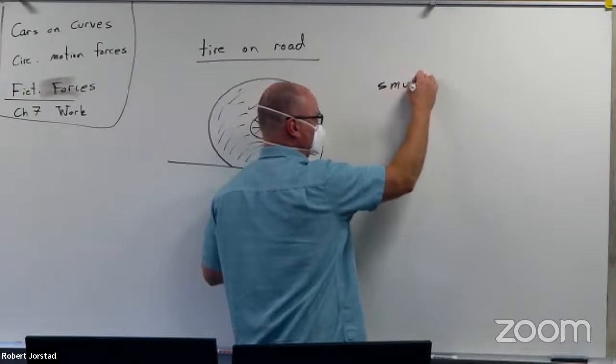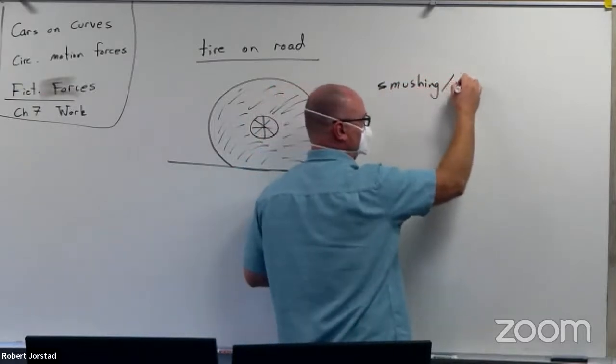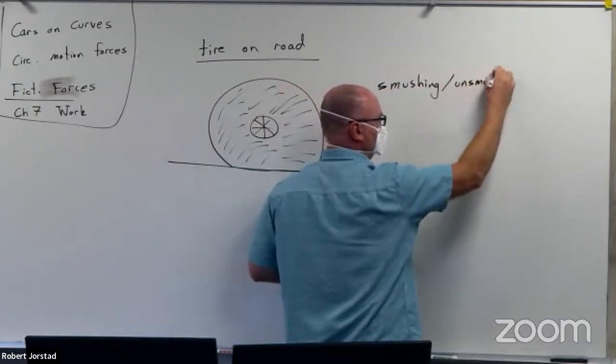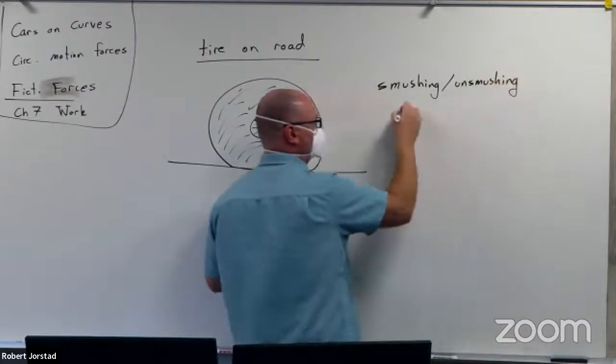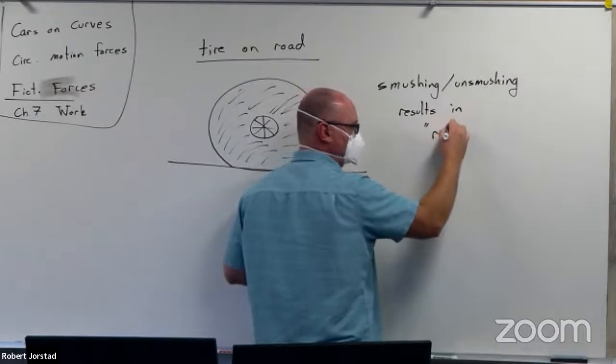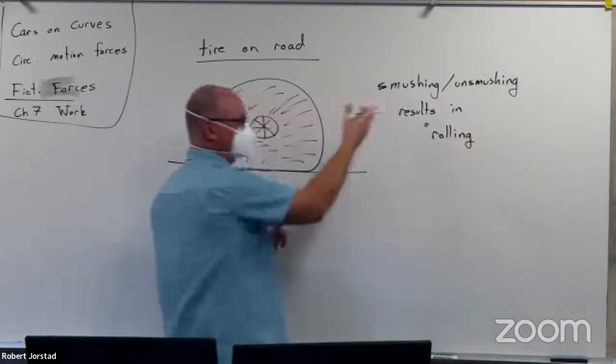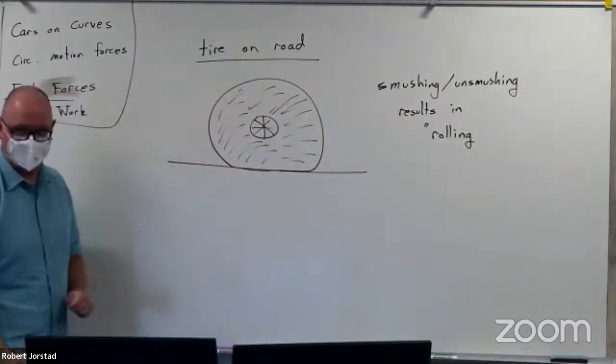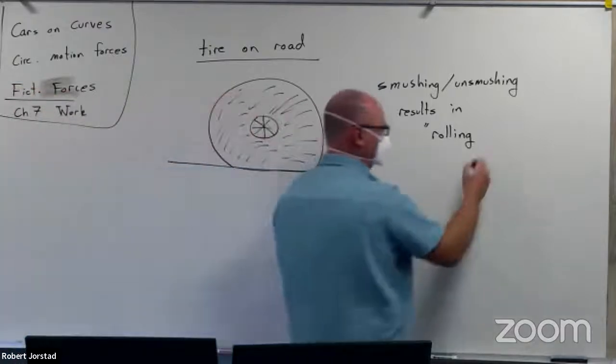Very technical terms, huh? That type of friction, the type associated with the smushing and unsmushing, is called rolling friction.